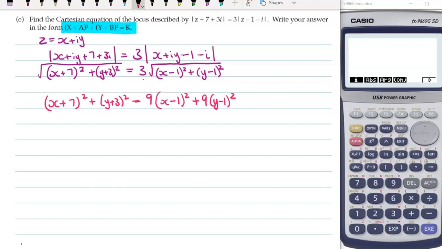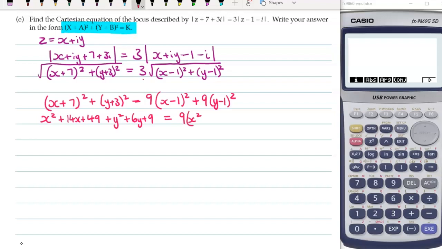So next step, let's expand the brackets. We've got x squared + 14x + 49, y squared + 6y + 9 is equal to 9x squared.